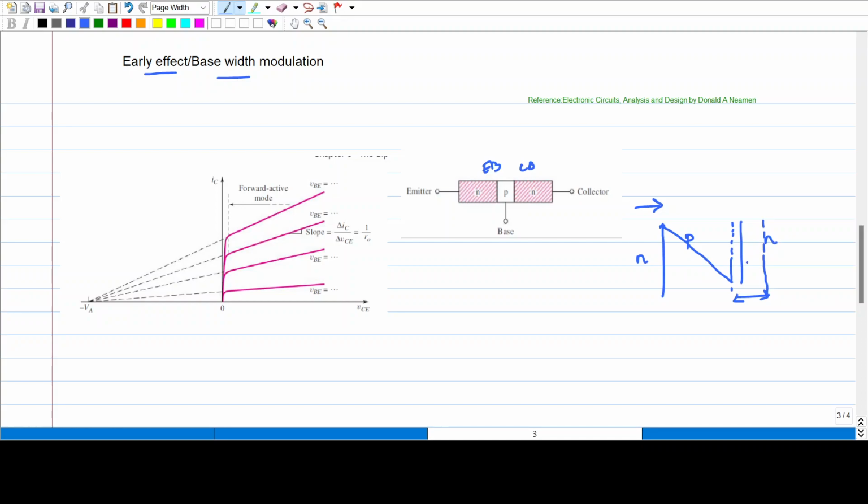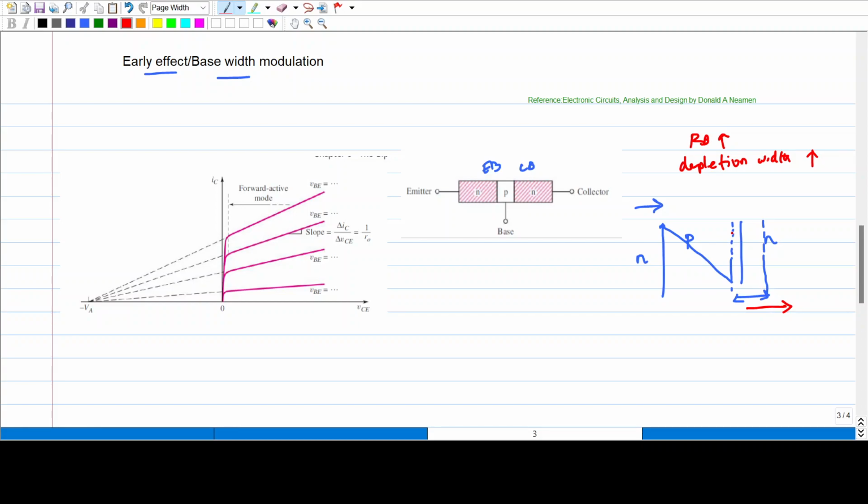Now what happens when the reverse bias is increased? If we increase the reverse bias in the collector base junction, the depletion width is increased. Usually the collector is very lightly doped when compared to the base, so the depletion region will extend into the collector.